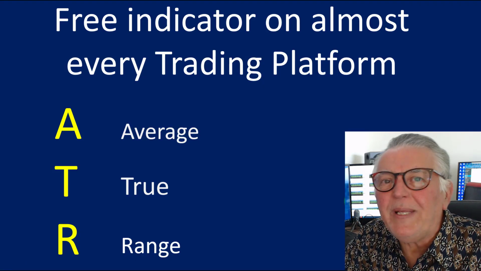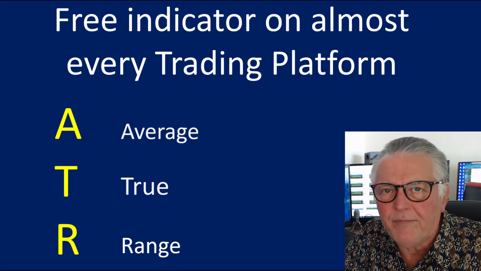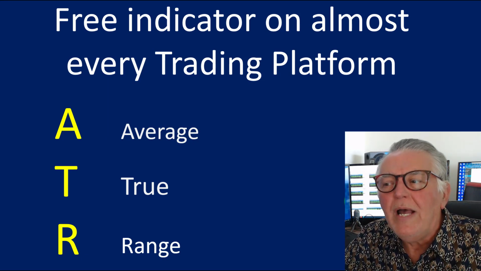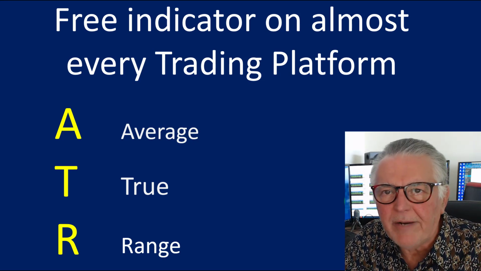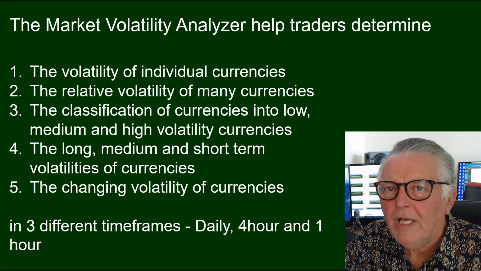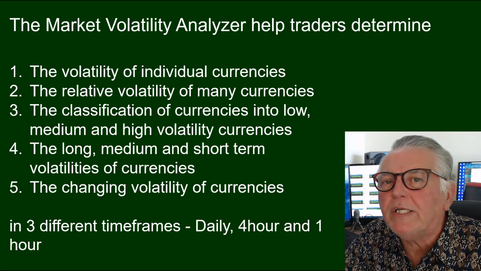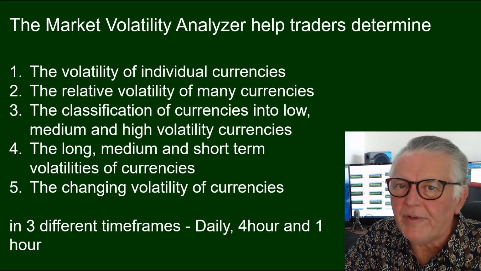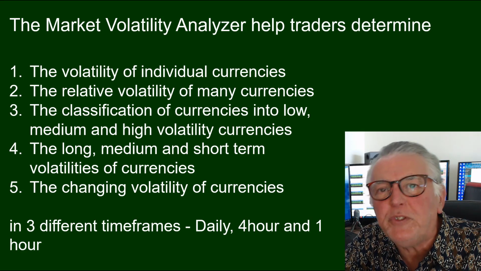Now, luckily enough, there is a free indicator that occurs on almost any platform, and that is called the ATR. It stands for the average true range of a particular currency, and I'm going to show you that indicator in a little bit more detail later on. So based on the ATR readings, we have created a market volatility analyzer that will give you a lot of information. Firstly, it will tell you the volatility of individual currencies.